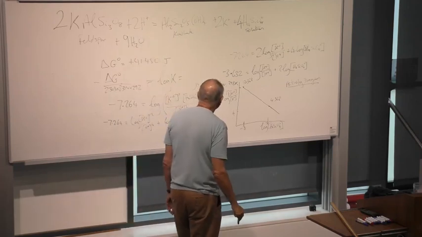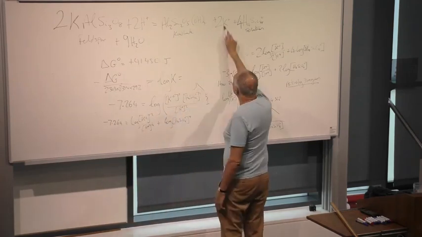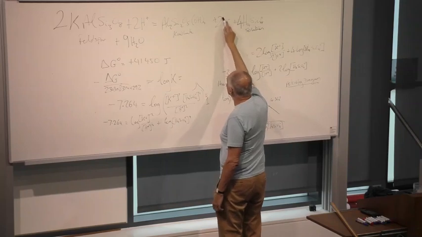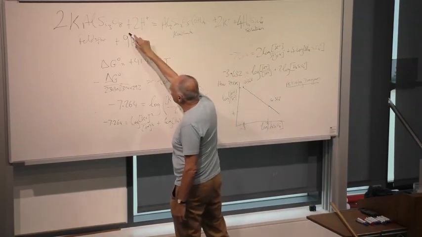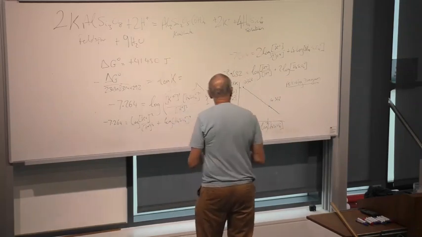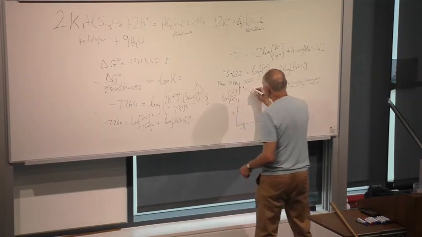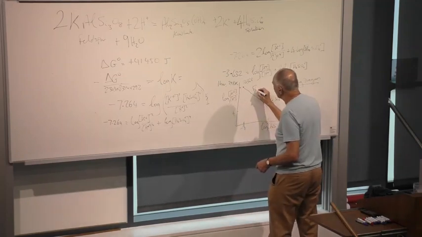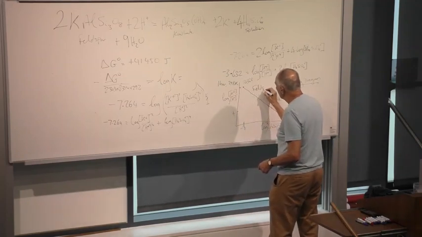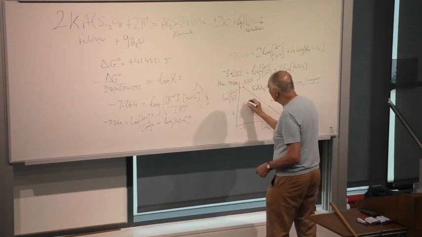The more potassium we pump in, the more feldspar we make. So feldspar is on the high potassium side of this line, and kaolinite is on the low.